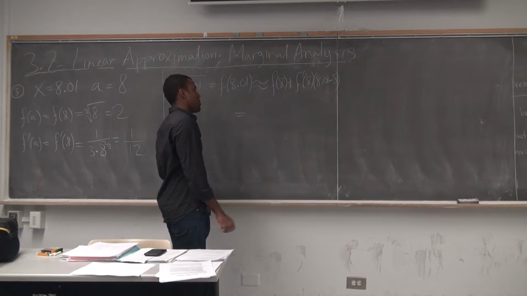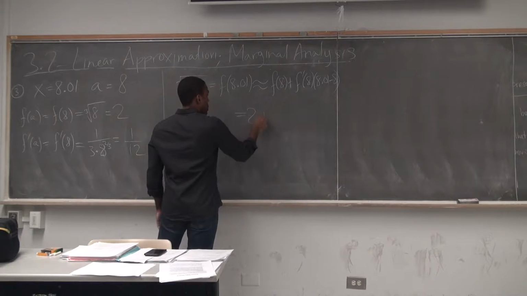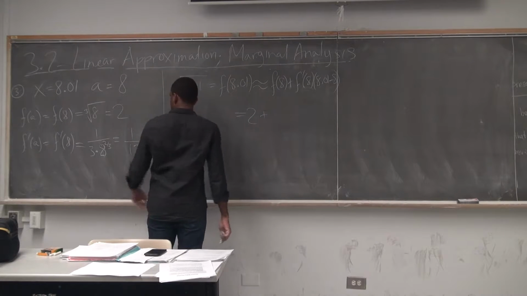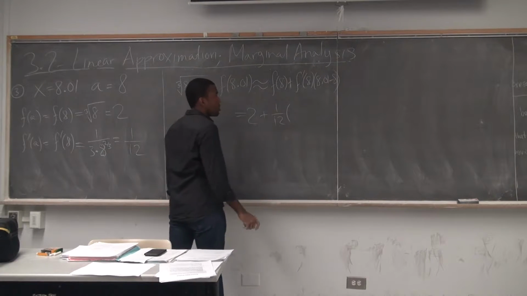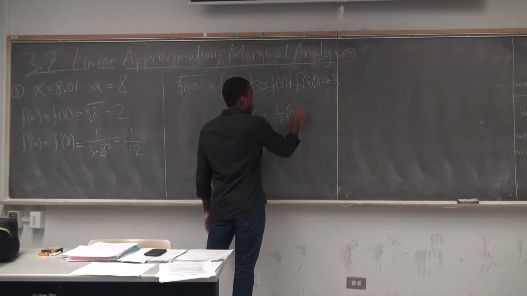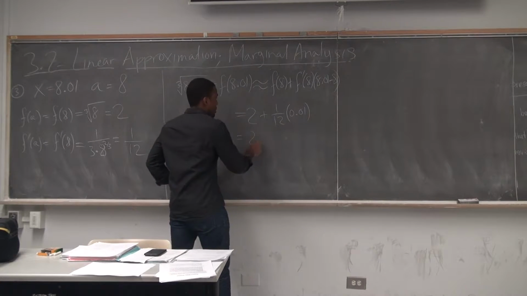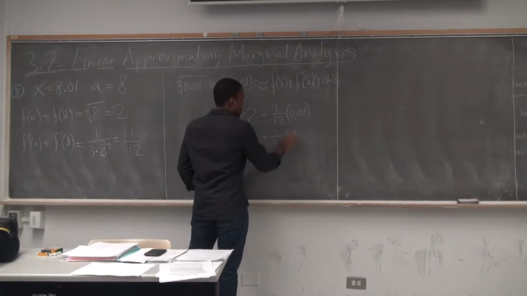So what is that? F of 8. Find it over here. That's 2. Plus f prime of 8. Find it over here. That's 1 over 12. Times 8.01 minus 8. Gives me 0.01. That's 1 over 12 times 0.01, which is just 1 over 1200.